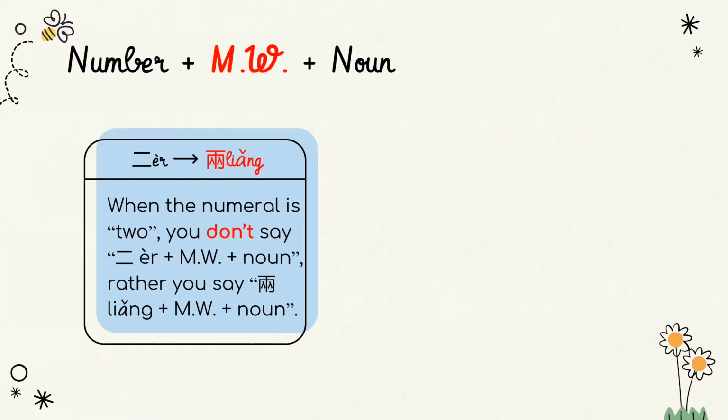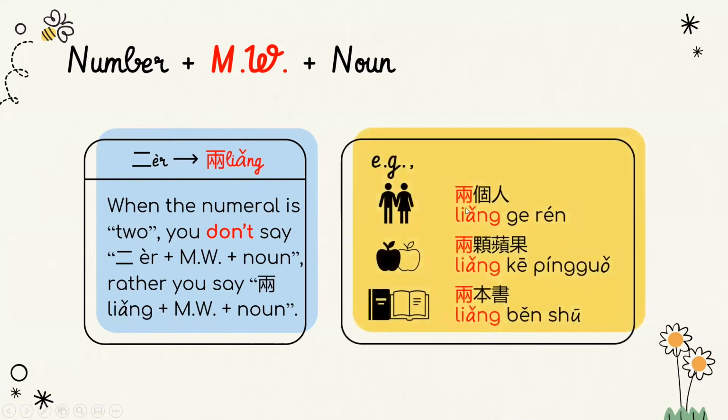There's one thing you need to know. When the number is 2 and it goes with a measure word, we have to use 两 instead of 二. For example, if you want to say two people, we don't say 二个人, we say 两个人. That's the only exception.